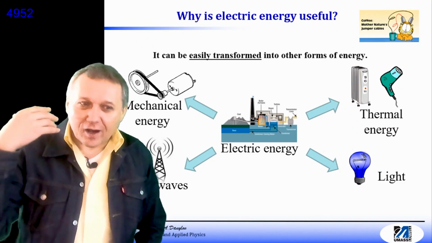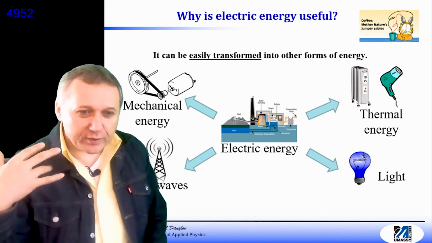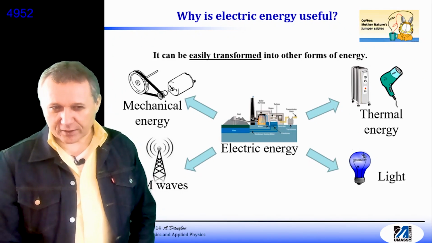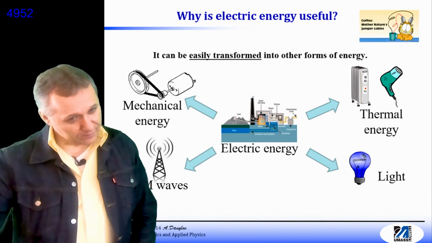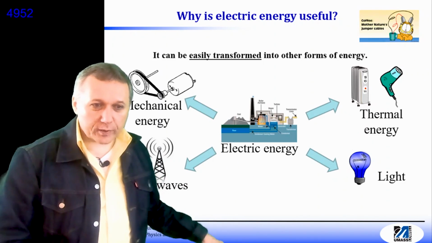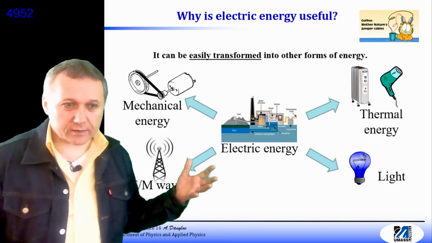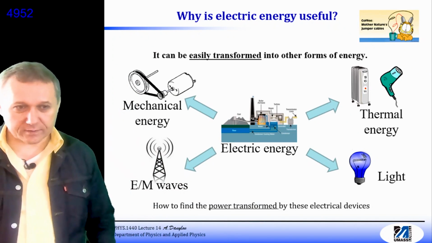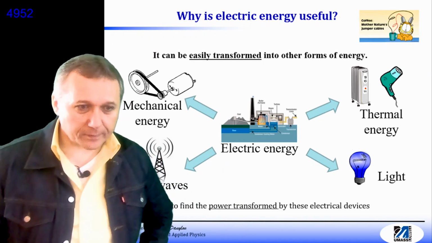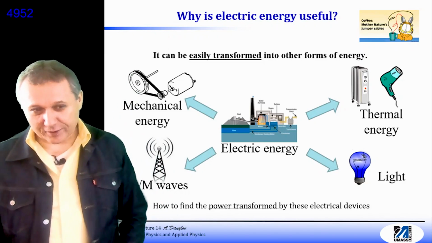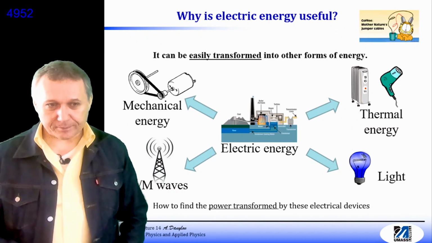They ask how much energy per unit time is transformed. What is that, the amount of energy per unit time? It's power, electric power. So that's how we naturally come to the idea that we need to introduce electric power, because all our devices are basically transformers of the electric form of energy into other forms of energy.